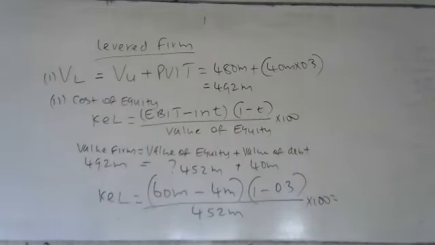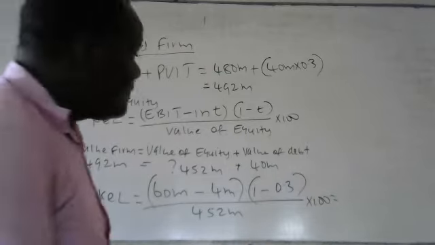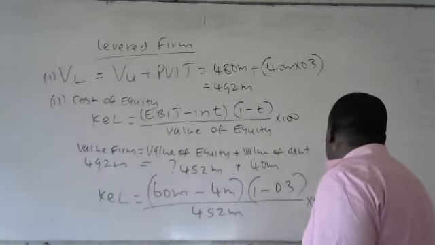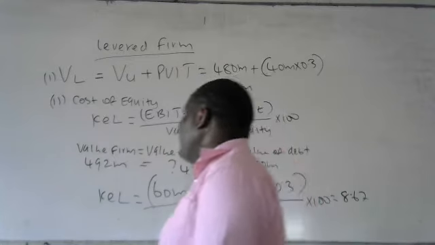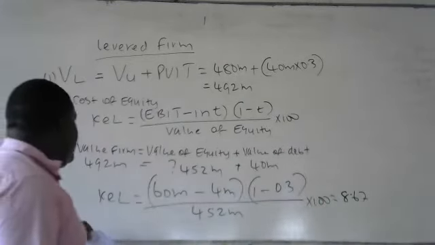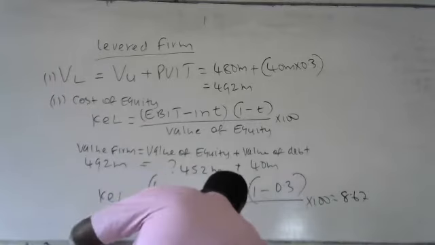After which, what percent? It's 8.67. So we are getting 8.67. So that is now the cost of equity.